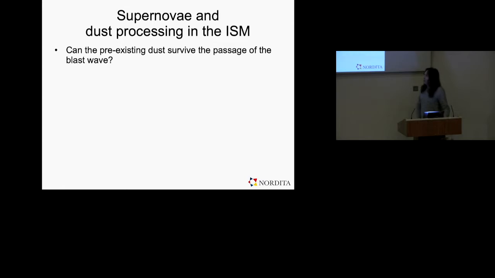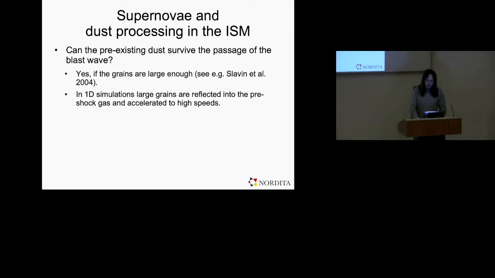So, there are a few questions you could ask, and particularly two questions. One is, can the pre-existing dust in the ISM survive the passage of a blast wave? And now we're talking about a different scale here. This is a late-stage supernova remnant. The short answer is yes, if the grains are large enough, and I think we already heard that.